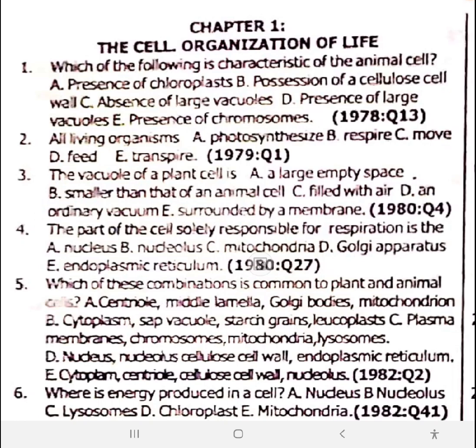Rough endoplasmic reticulum is responsible for intracellular transport of protein that are made by ribosomes. Then go to the next line and write, smooth endoplasmic reticulum is the site of lipids and steroid synthesis. Next line, you write, ribosome is the site of protein synthesis.